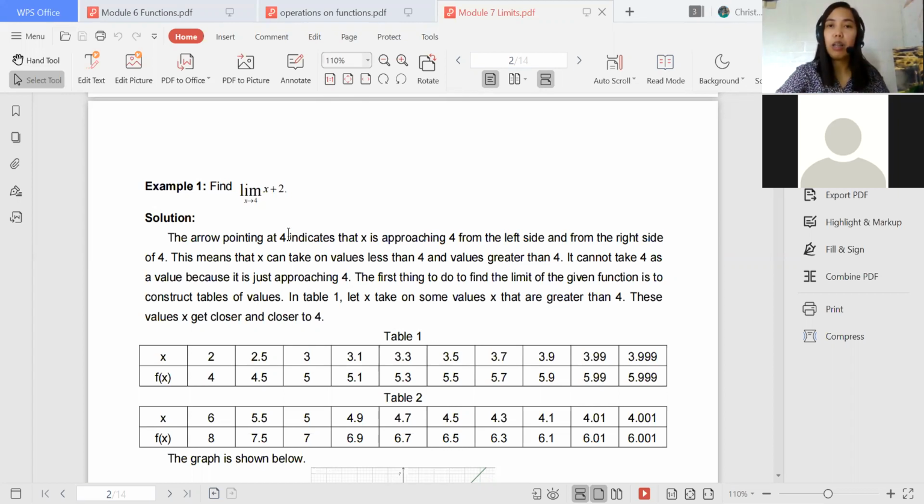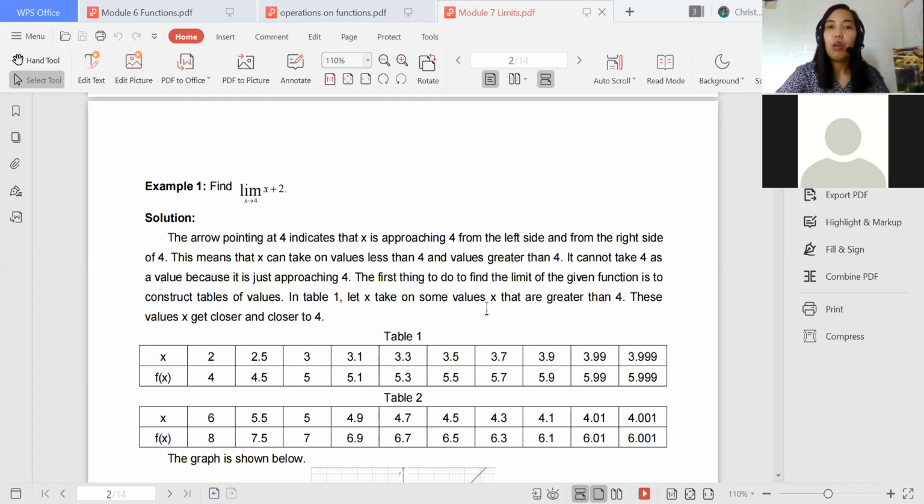Basta nasa kaliwa niya. At yung mga nasa right side naman ni 4, lumalaki naman: 4, 5, 6, and so on, even the rational and irrational numbers. So it cannot take 4 as a value because it is just approaching 4. So yun yung sinasabi ko, x approaching 4 doesn't mean that the value of x equals 4. Papalapit lang kay 4.